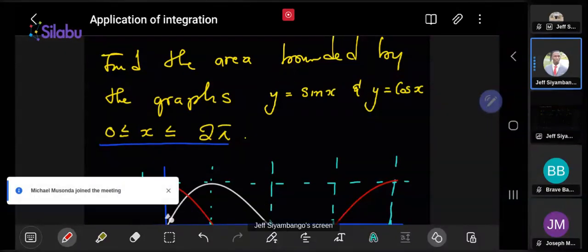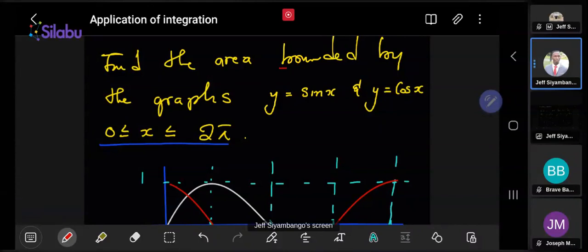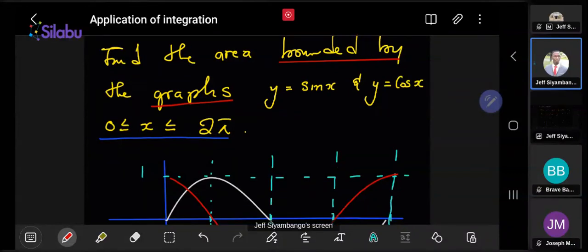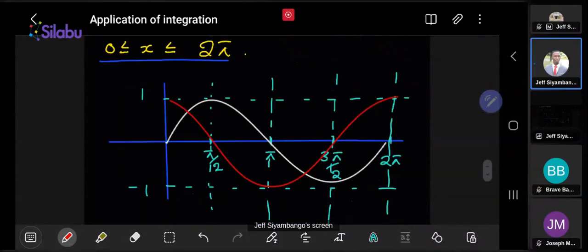Well, the area bounded here implies the area completely enclosed by these graphs. So which sections do we find the area bounded? Because they're saying just those two graphs, this area we're looking for has to be solely enclosed by these two graphs.